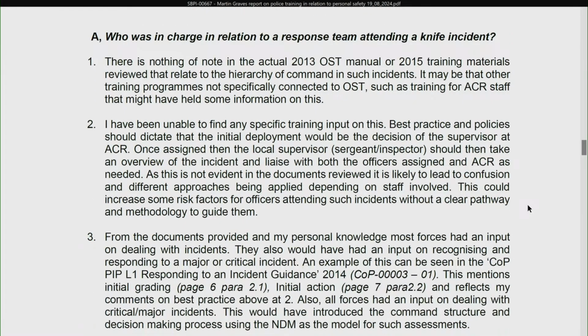And you point out that there was nothing of note in the manual or the other 2015 training materials that you looked at that related to the hierarchy of command in such incidents. But you do point out that it may be that other training programs not specifically connected to OST, such as training for ACR staff, might have held some information on this.